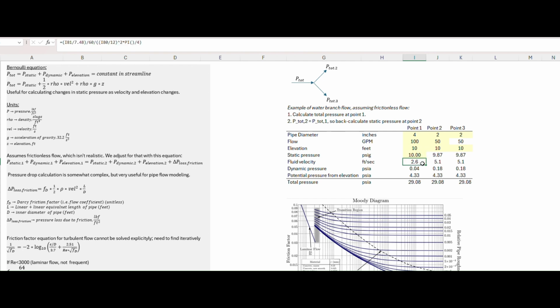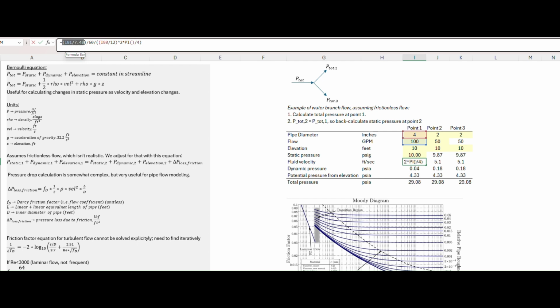So from that, we can calculate our fluid velocity from the equation that our volumetric flow rate is equal to velocity times cross-sectional area of the pipe. So if we do our volumetric flow divided by cross-sectional area, we get velocity. And we do that here by converting gallons per minute: divide by 7.48 to get to cubic feet per minute, divide by 60 to be in cubic feet per second.